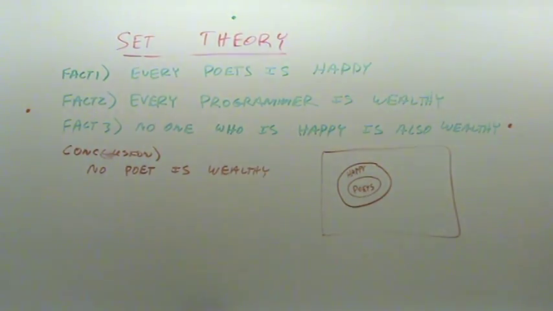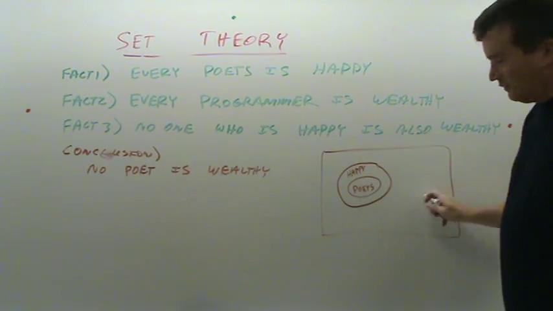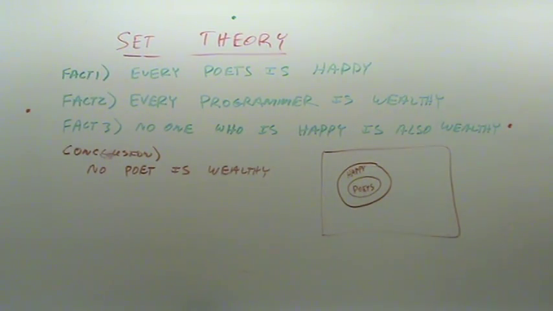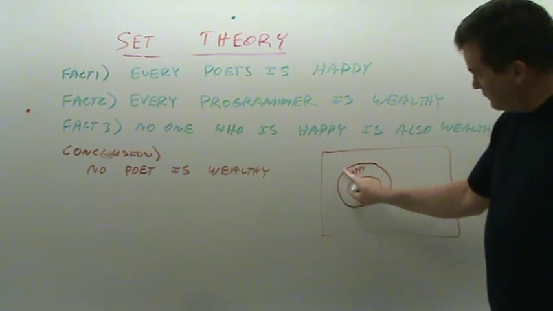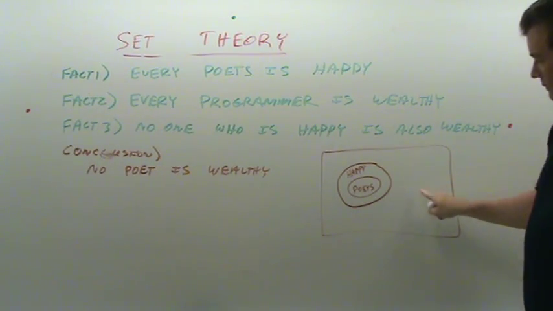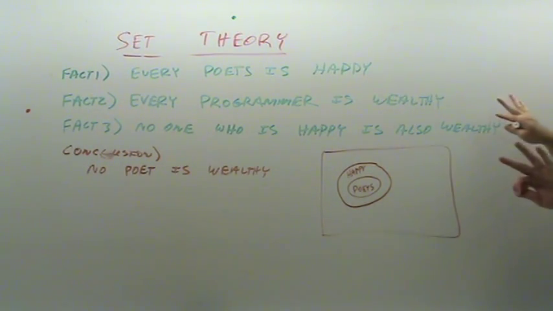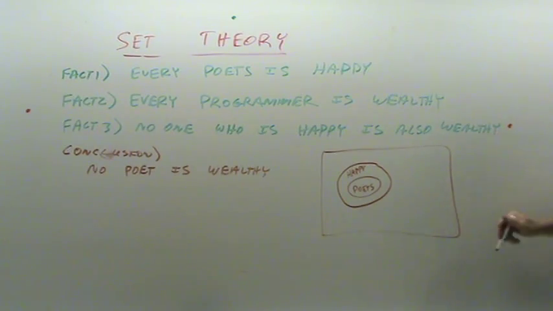Okay, every programmer is wealthy. Now, wealthy could intersect with happy, they could overlap, unless we can see a reason they can't. No one who is happy is also wealthy. So in this happy set, there are no wealthy people. So happy and wealthy are disjoint sets. They have no members in common.